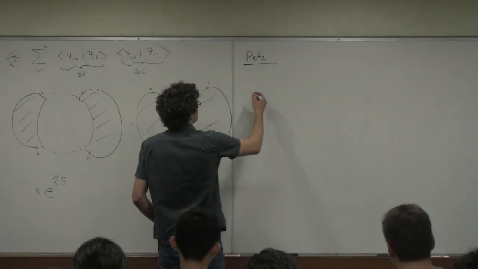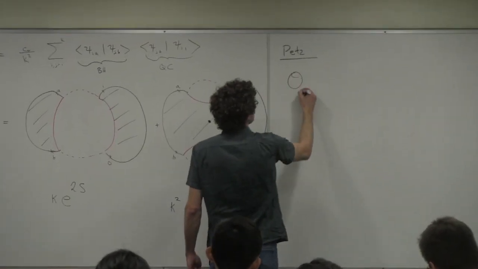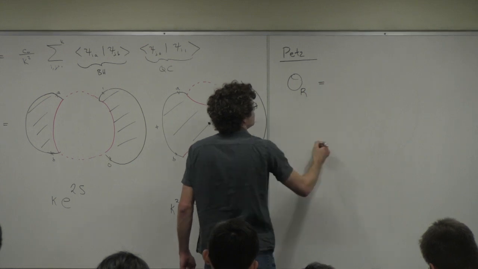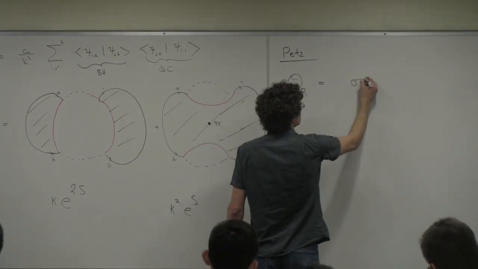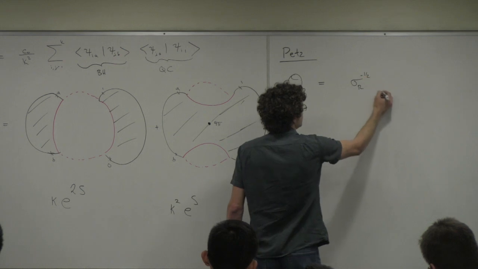Okay, so let's discuss now the Petz map. It gives us a different formula, which is more general purpose, and it looks like the following.